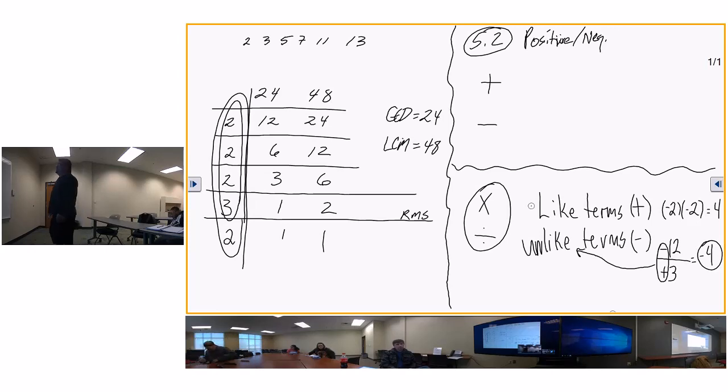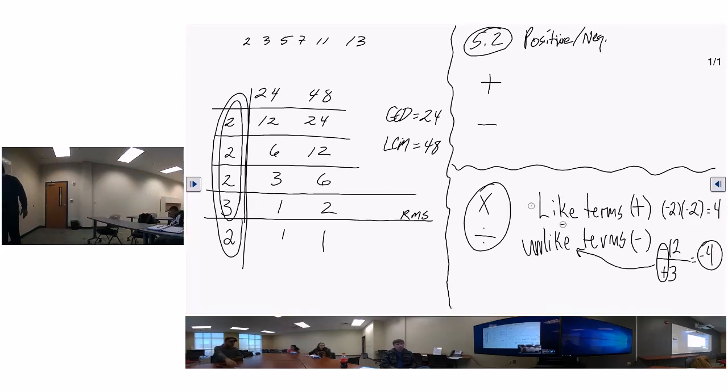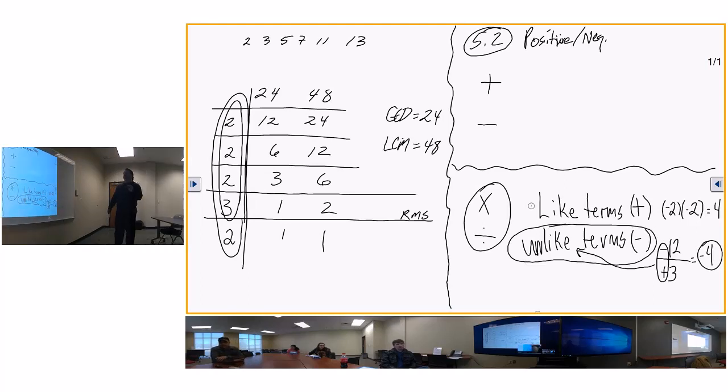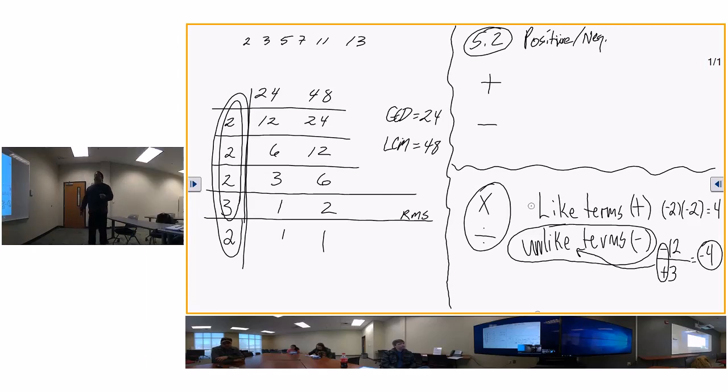The only thing where something happens is with unlike terms. Now that is multiplication and division. So I usually don't spend much time on multiplication and division because most people understand that and you don't have a problem with it. Now, what about addition and subtraction?